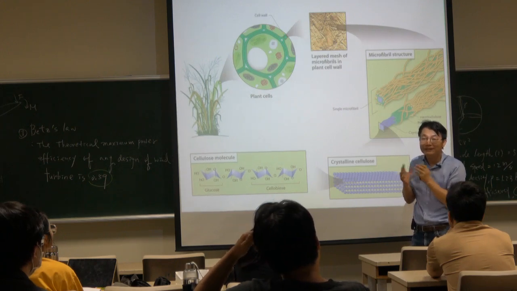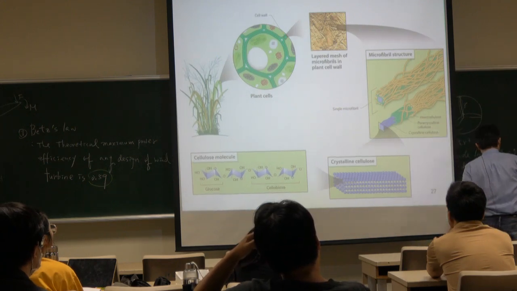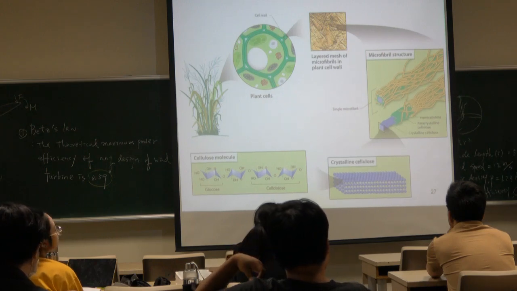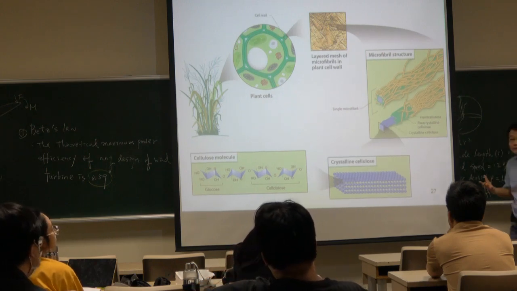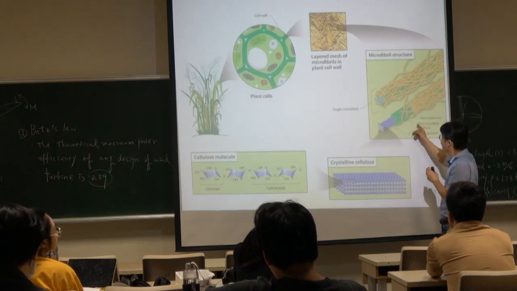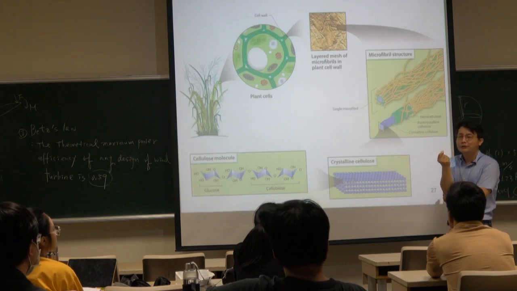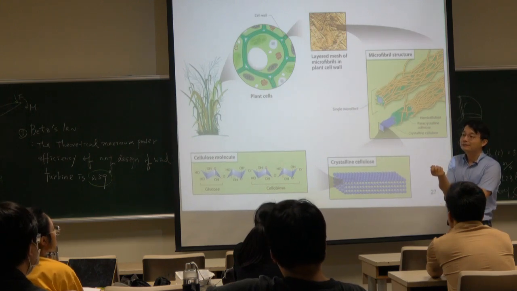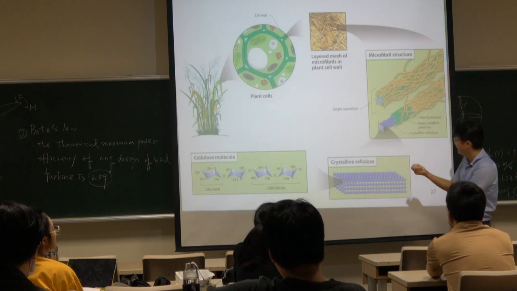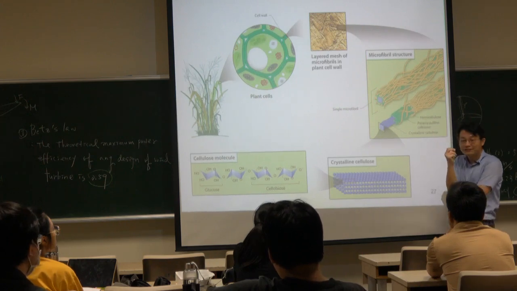But that means the crystallinity of the hemicellulose is much lower. Okay? And then the mechanical property of the hemicellulose is much smaller.